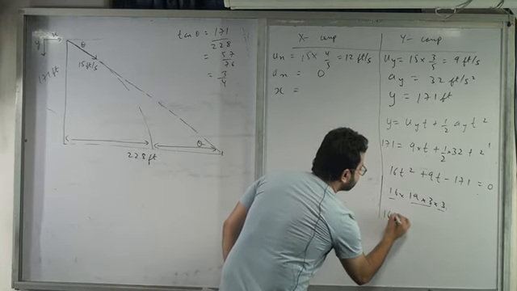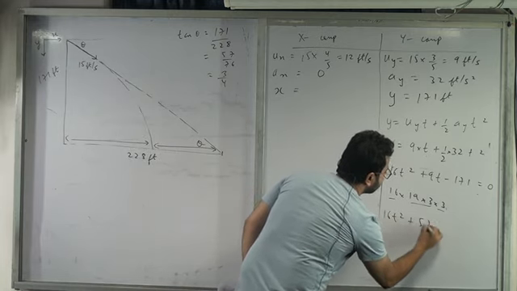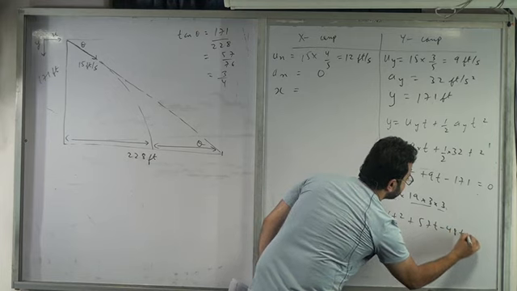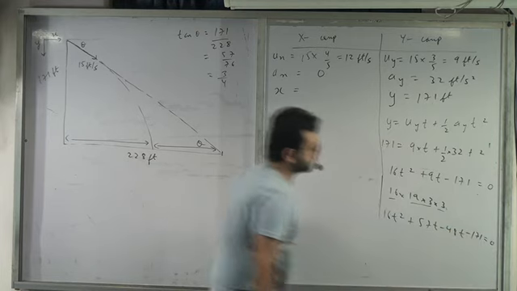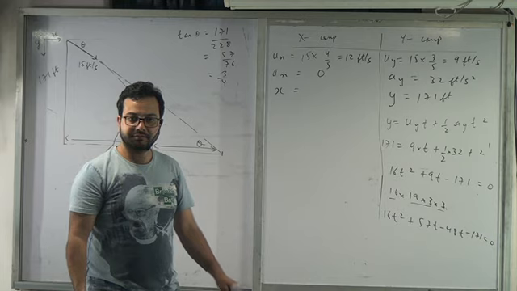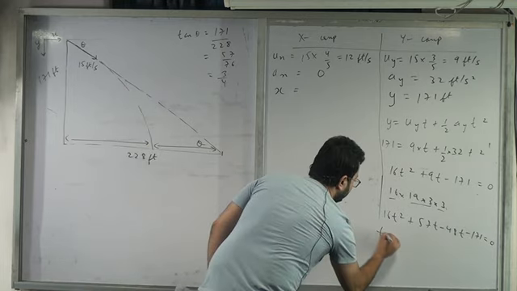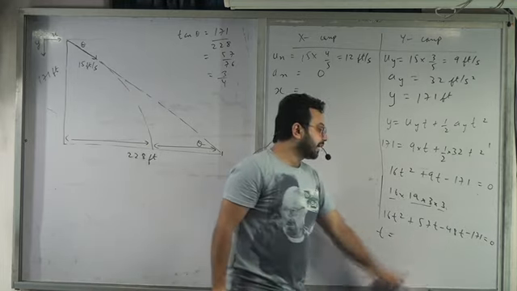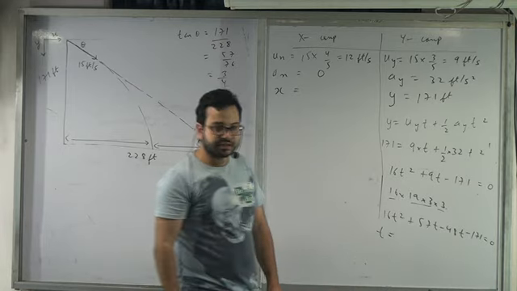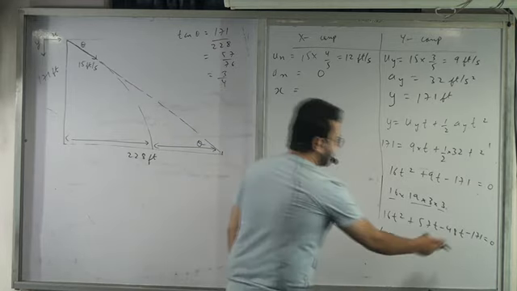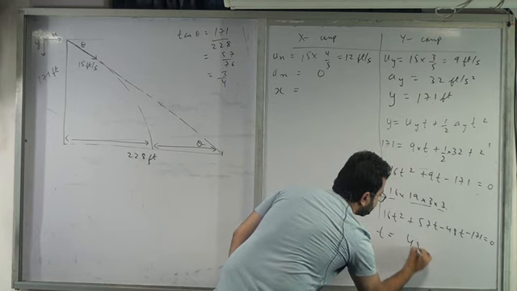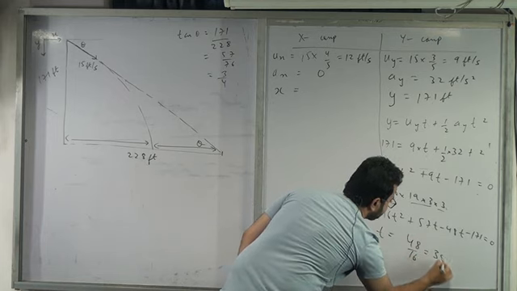So this will be 16t square plus 57t minus 48t minus 171 equal to 0. Alright. So one of the times you're going to get is minus 57 by 16, which has no meaning. And the next you will get is 48 upon 16, that is 3 seconds.